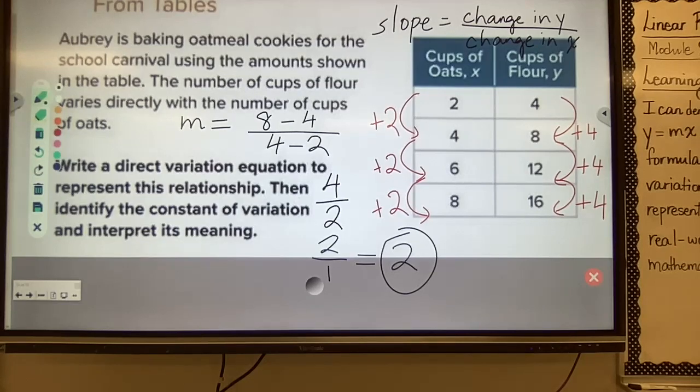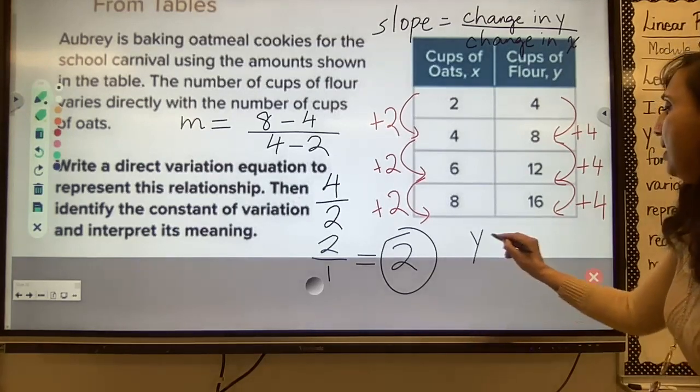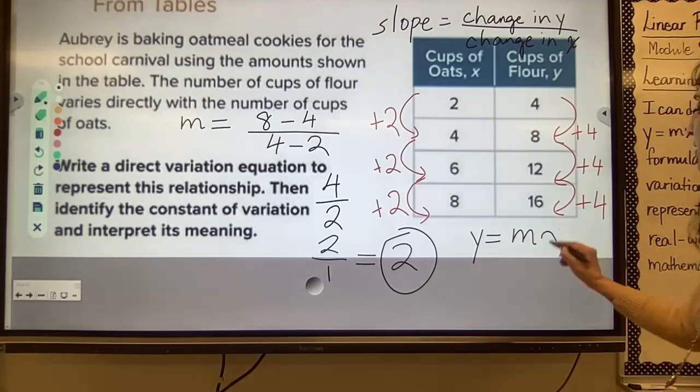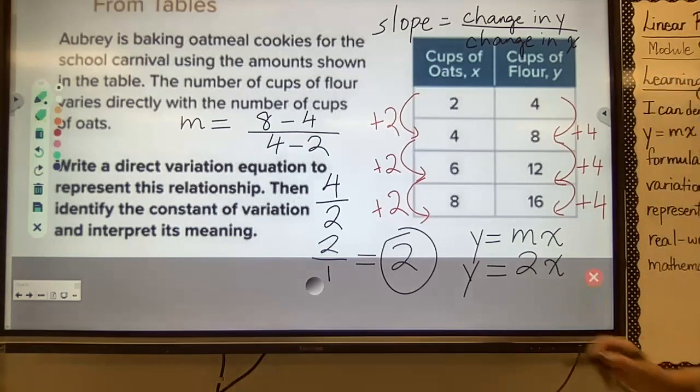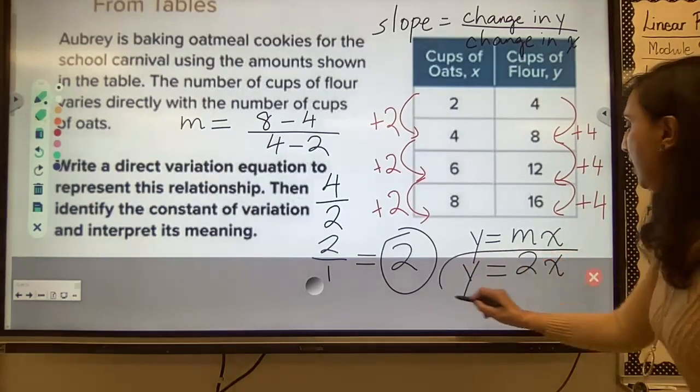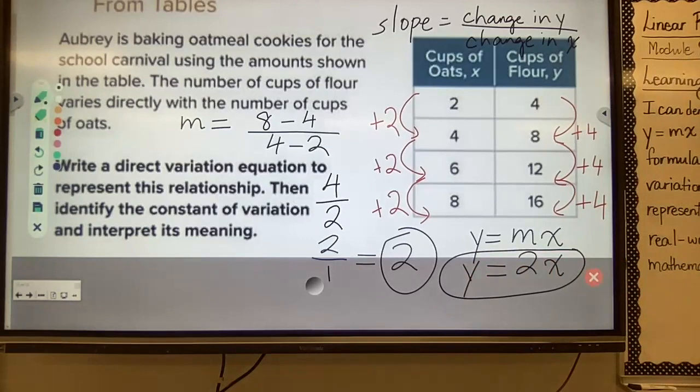And then I am going to use the value of m to write the equation where we know y is equal to mx. And what was my slope? Slope was 2, so I'm going to replace m with 2, and I get y is equal to 2x. And so the direct variation equation is y is equal to 2x.